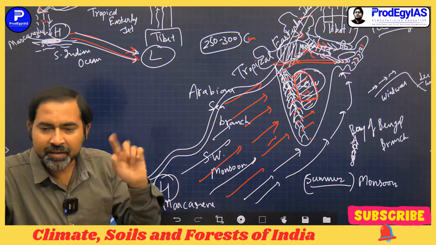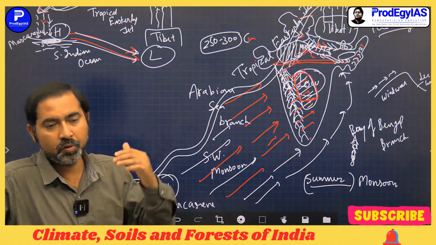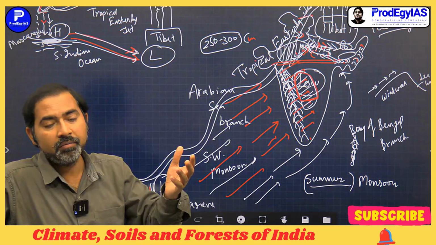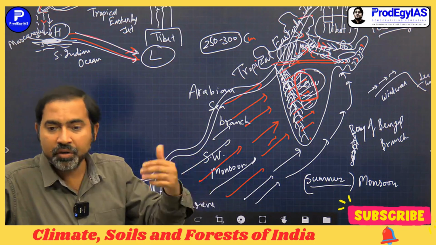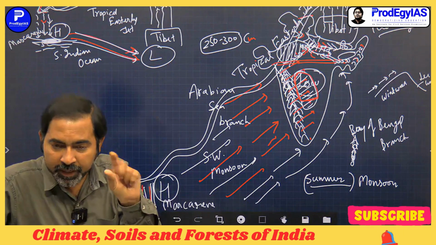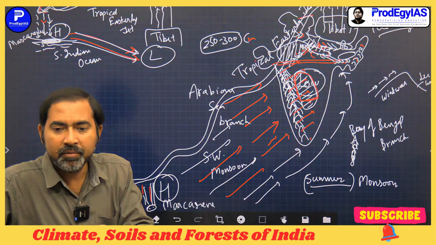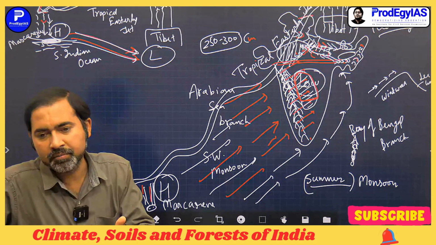Right? So that decides the vegetation will go from evergreen to moist deciduous to dry deciduous to thorny vegetation. Means that the amount of rainfall is deciding whether trees will drop their leaves or not.